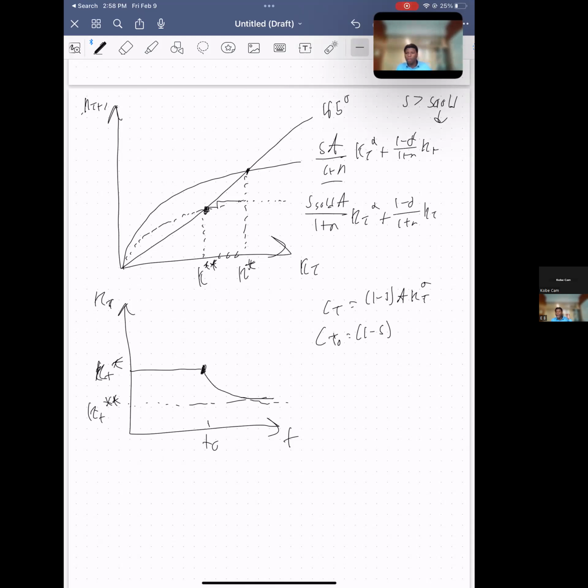We go from our high S, a high savings rate above S gold, to S gold. So we're going down, right? And because we're doing 1 minus S, if we are going downward, then the value for consumption goes upward because it's a subtraction.